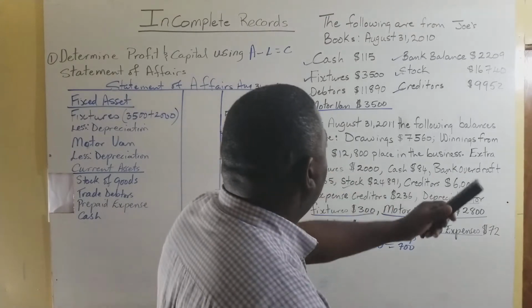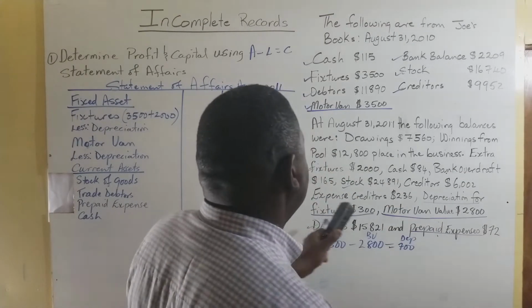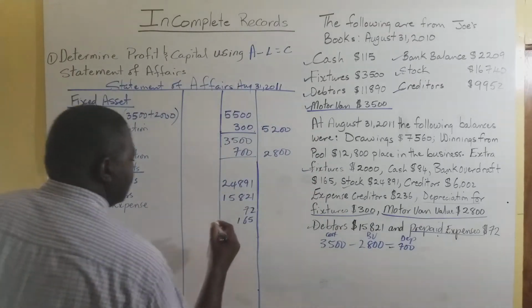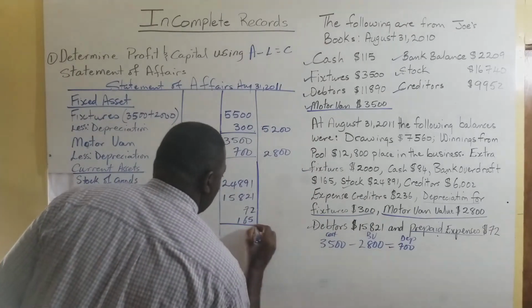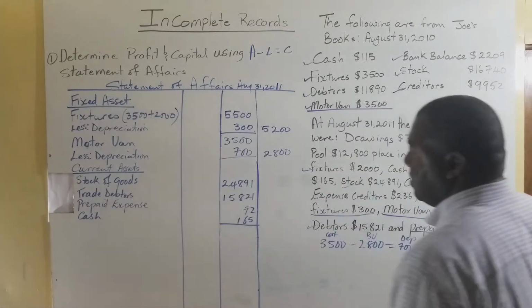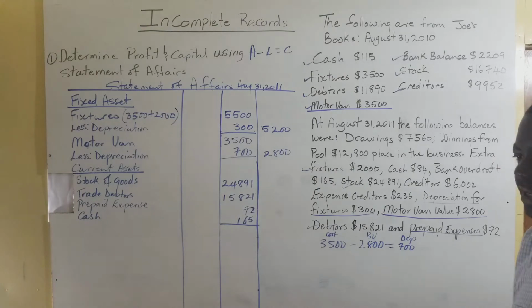So, all right. So we have used, very well, we have used all the current assets. Our action now is to total the current assets and to see how much that is. Let us do that now.